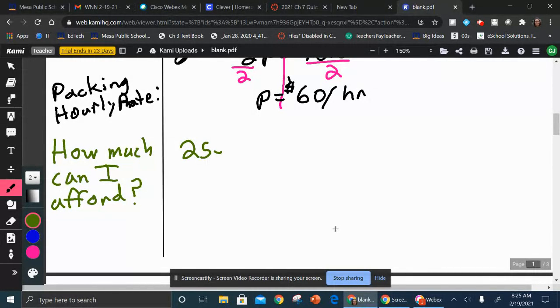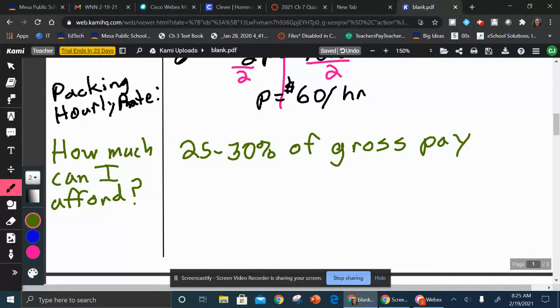When you're looking at that, they will also look at that when you go to rent an apartment. So the apartment complex, or if you're renting a house, they're going to look at 25 to 30% of our gross pay.